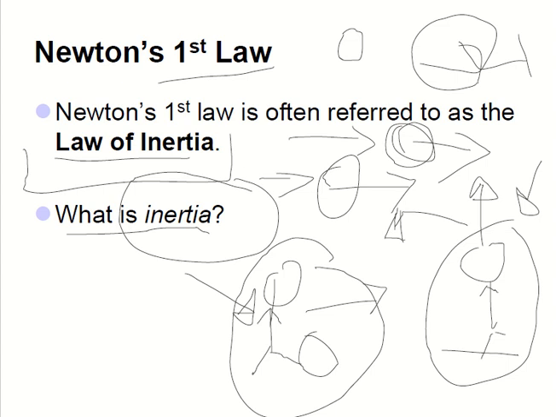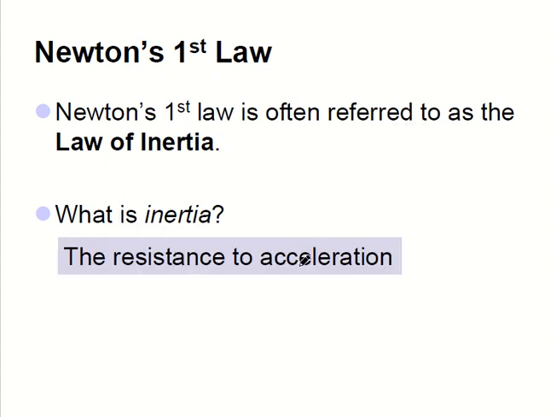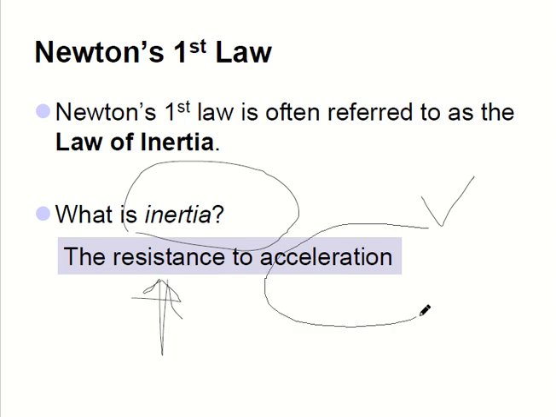So what is inertia? Another word that you've got to identify. Even though it is just a word, you should be able to explain it, okay? Inertia is the resistance to acceleration. Every time you think about acceleration, this should come into your head right away, okay? There's a force that is causing the mass to move, and move with acceleration.